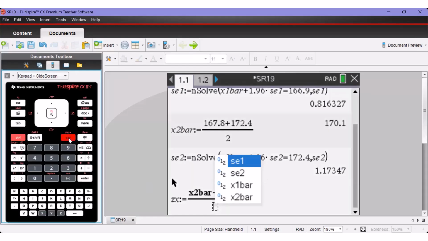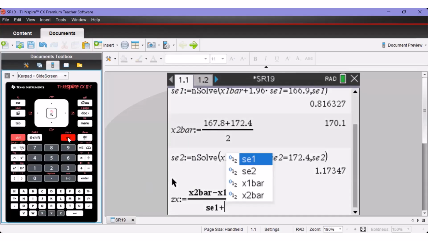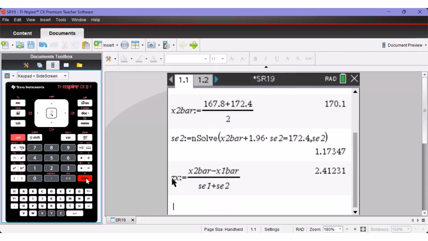and it's going to be SE1 plus, it's the variable key again, SE2, and press enter. And we get a Z score for an approximate X percentage confidence interval of 2.412, etc. Perfect.